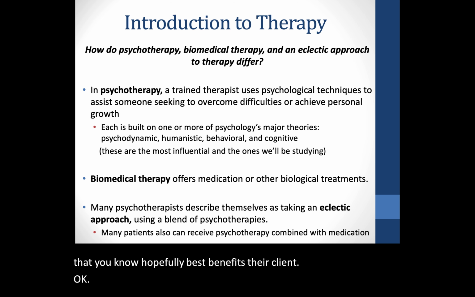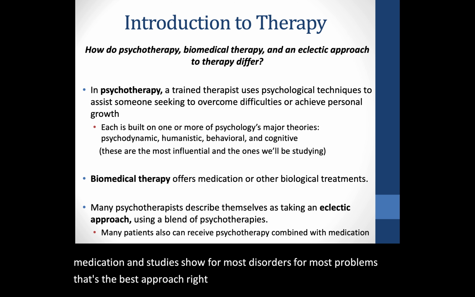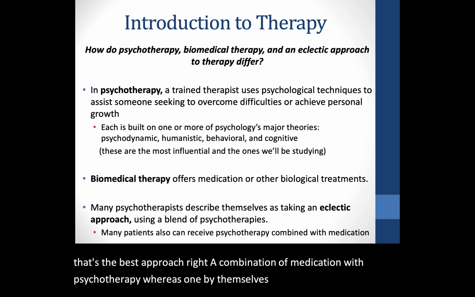Most patients receive some kind of psychotherapy combined with medication, and studies show for most disorders, for most problems, that's the best approach. Right. A combination of medication with psychotherapy, whereas one by itself is not as good, not as efficient.